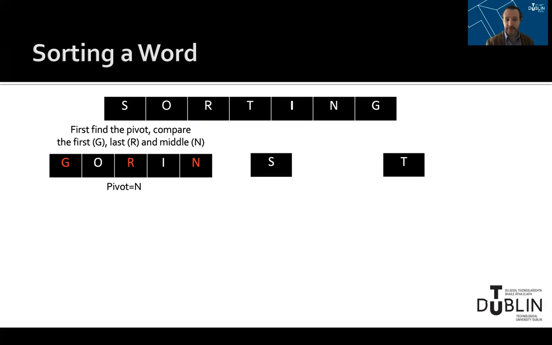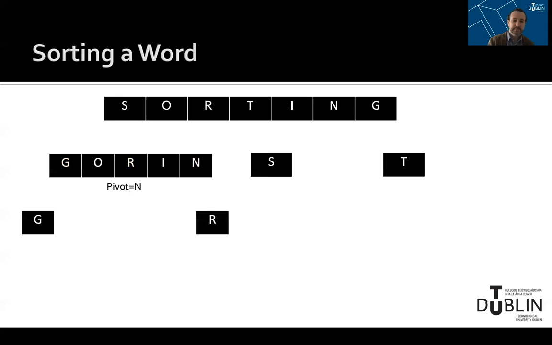Now we do the same thing again, but with the long list here. G is our first, OR and N is the middle. So G and OR get put in their rightful places and we work our way along. Now we ask, is O less than N? No. Is I less than N?